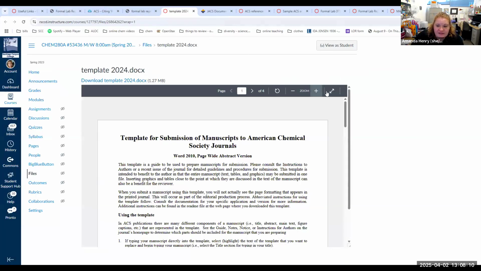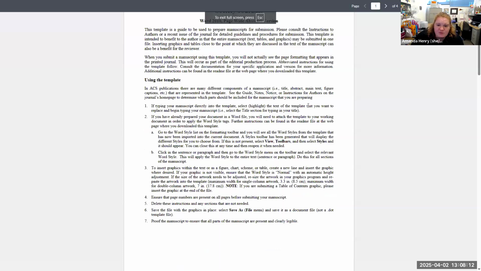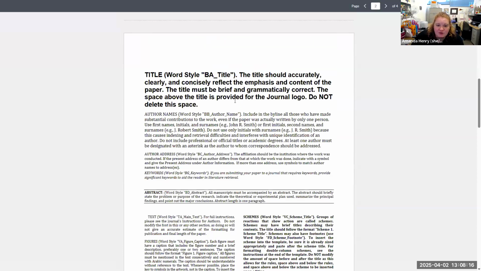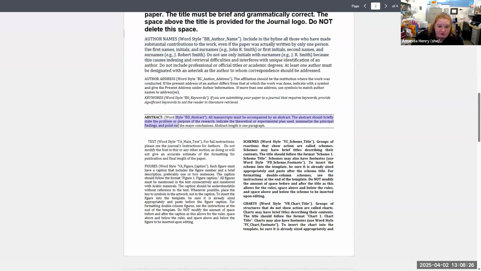So for the template, the first page is just information, so we can delete that and ignore that. Here's the actual template. So this first spot is for you to, oops, that was too much highlighting. This first spot is for you to put in the title, and then the author's names, and then it has a spot for the abstract, and then the rest, it has like information in here, but really we're just gonna highlight this and then start typing in our own information.